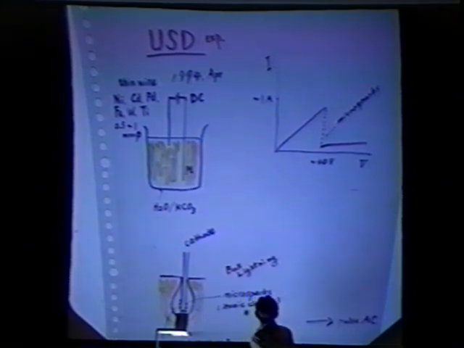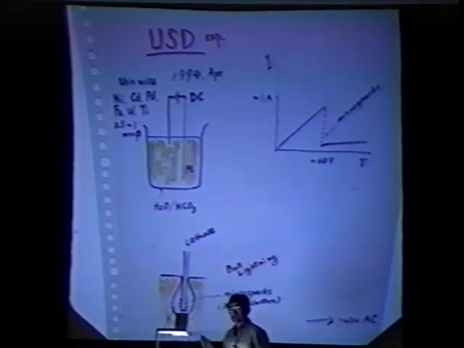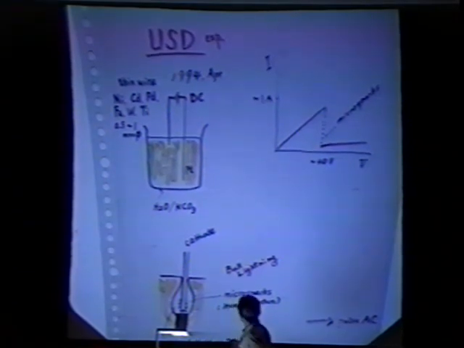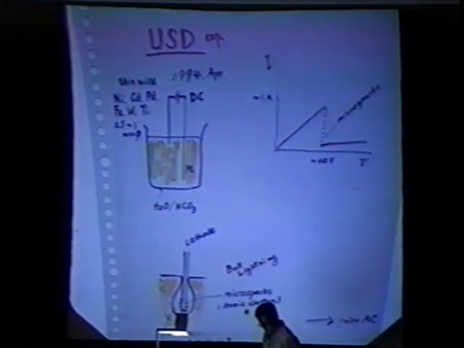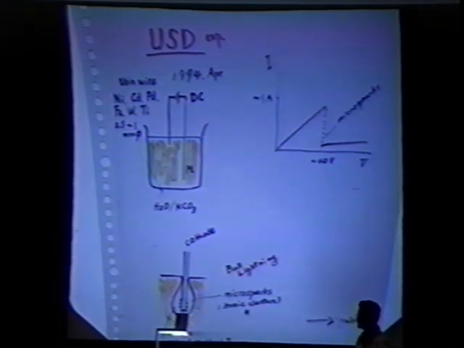The current is strongly suppressed. Then microsparks appear with a structure like this. This is the cathode, and here we have a pinch region. Gas evolution is almost completely suppressed. Microsparks appear from the bottom.